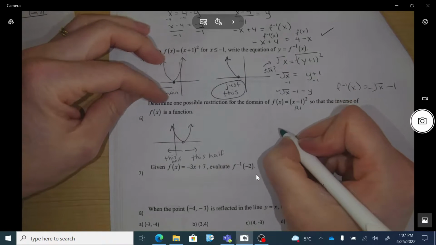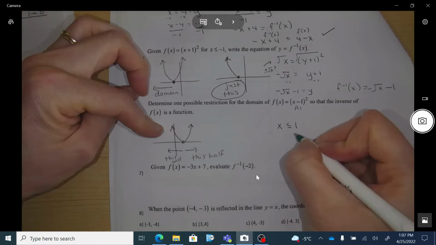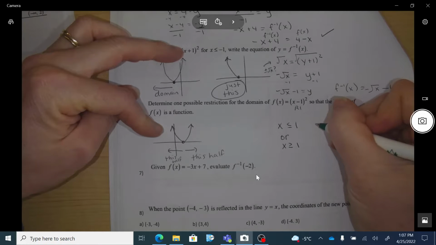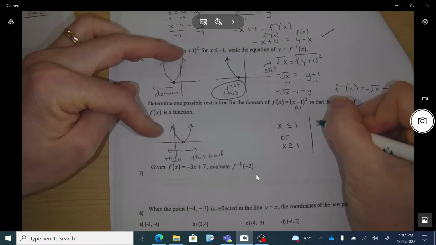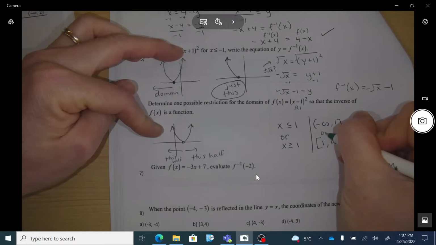So either we could go x is less than or equal to 1, or x is greater or equal to 1, which is also that, and this one is also that.